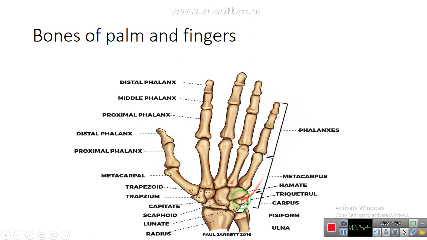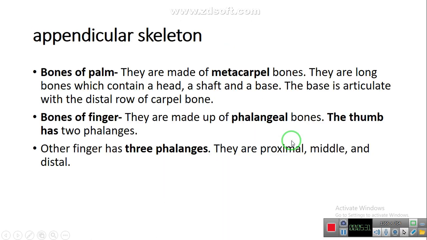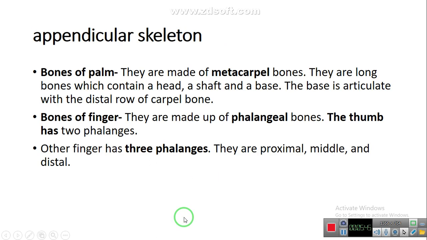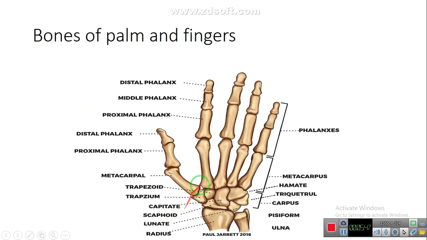And these are the phalanges of the fingers. As I have told you, metacarpals are the bones of the palm. Here you can see the metacarpals. These are the bones of the palm and these are the bones of the fingers.